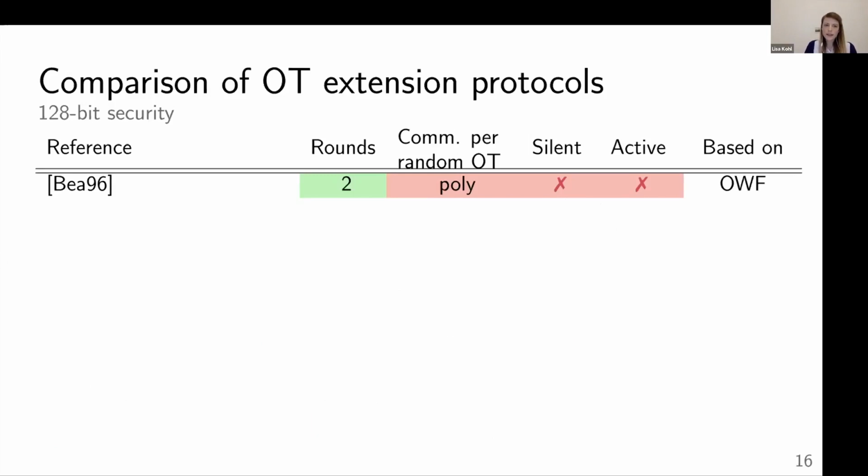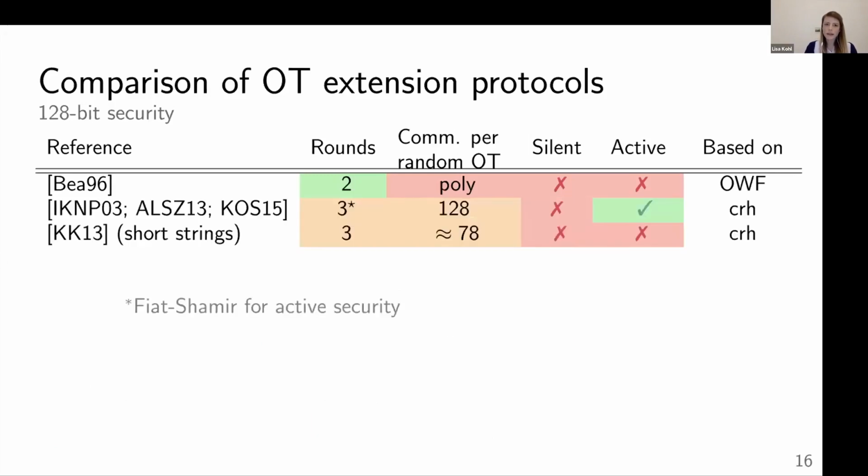And so I want to spend a few words on what OT extension protocols are known. As I said, the first one was by Beaver, 2-round, but not practically efficient. Later there were a number of protocols which are concretely efficient, but with the downside that they still require a lot of communication.